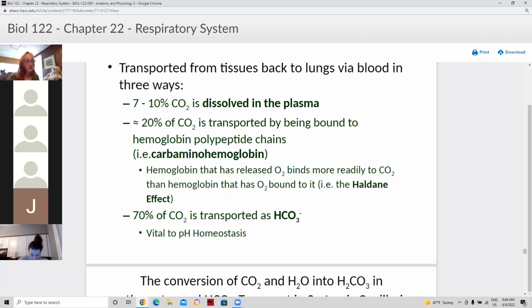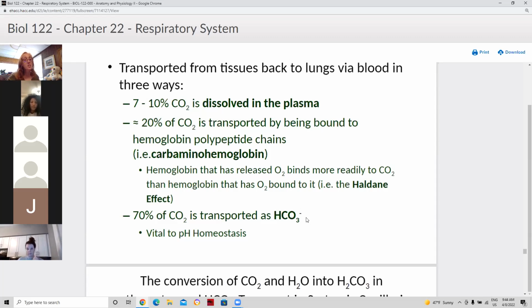Is it an acid or a base? It's a base. Good job, Casey.